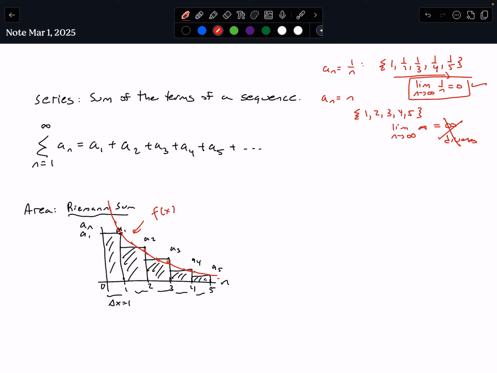Notice f of x at the integral part has the same values right here. I can find the area underneath f of x. To get the area of f of x, that is just the integral, starting from 1 and going to infinity, of f of x dx.